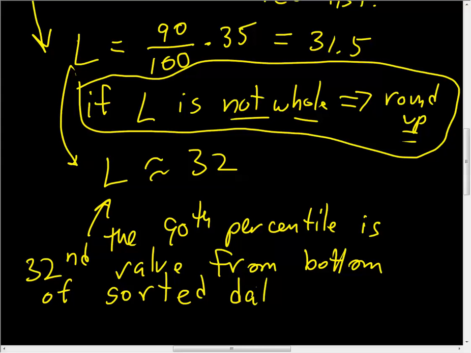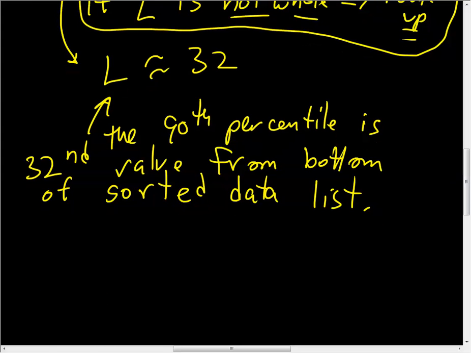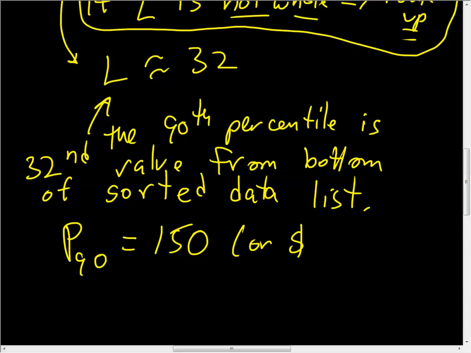If I look at that data on page 116 and start at the bottom at 4.5 and count up 32, it turns out 150 is that 32nd value. So the 90th percentile of this data list is 150, in millions of dollars, $150 million.